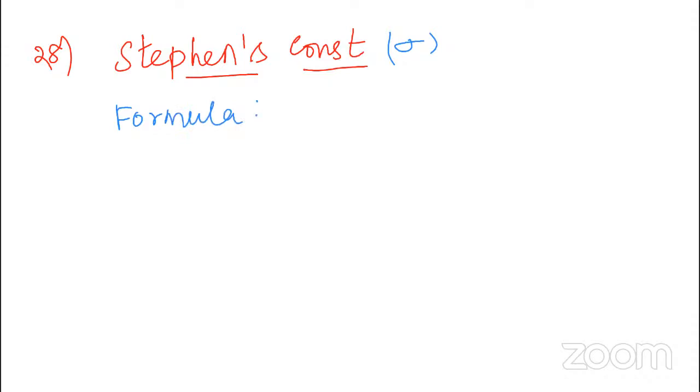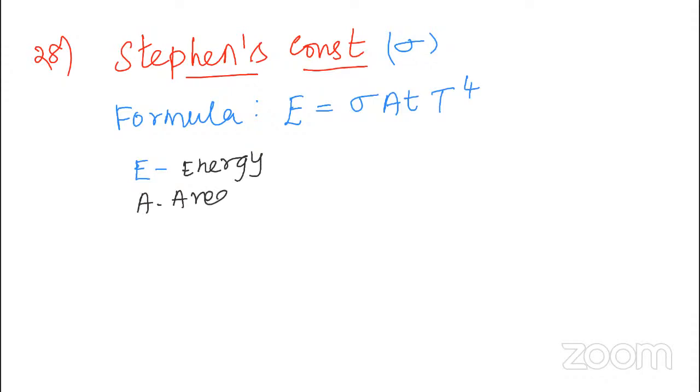So E is equal to sigma A T into T power 4. Here E is nothing but energy, and A is nothing but area, and t is nothing but time, and for capital T, it is temperature.